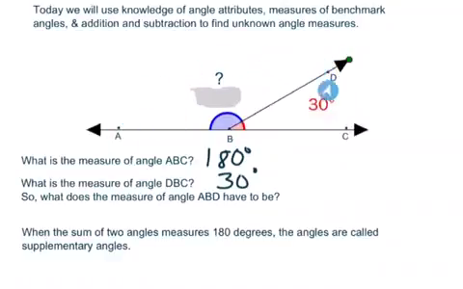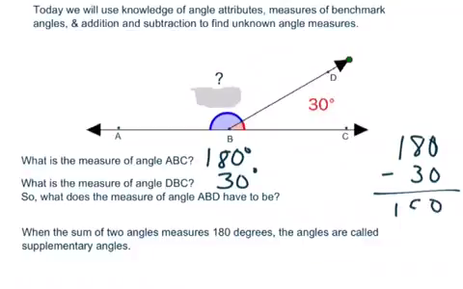If I know this whole one is 180 and this part of it is 30, I need to do 180 minus 30 equals 150 degrees, right? Because if I do 150 plus 30, I'm going to get 180 degrees.